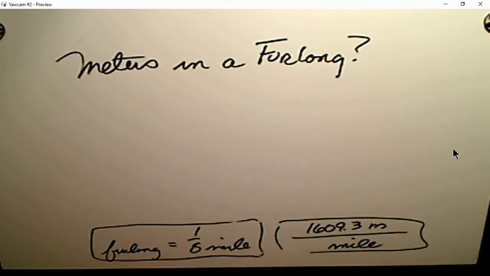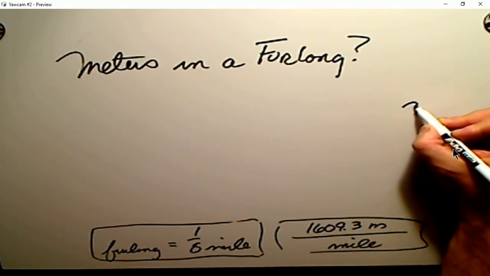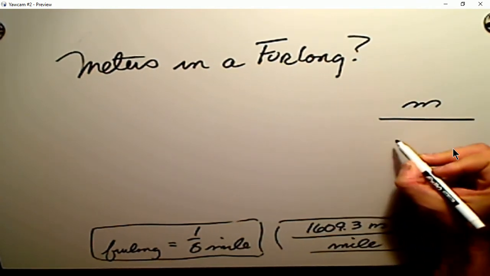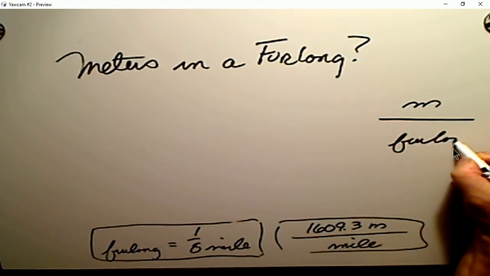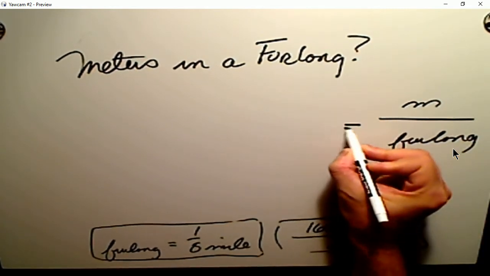So let me then give you the solution. How would we go about this? Well, as I said, I like to write out meters per furlong. That's what the units I want the answer to be in.